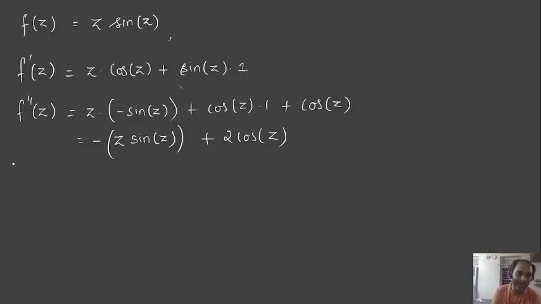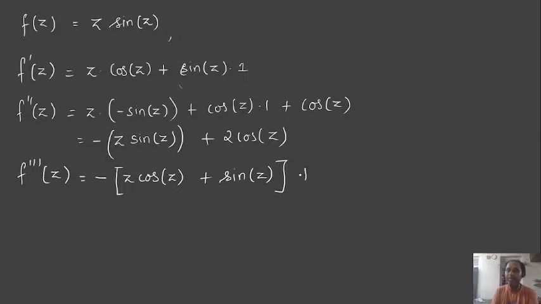Now while calculating the third derivative, you do it a little bit smartly. You have already calculated something and that will help you. The derivative of z sin z we have already calculated in the first one, so you just put the negative sign to z cos z plus sin z.